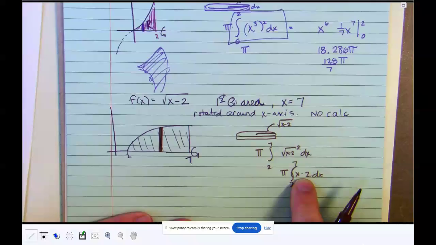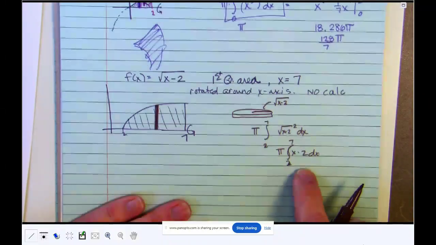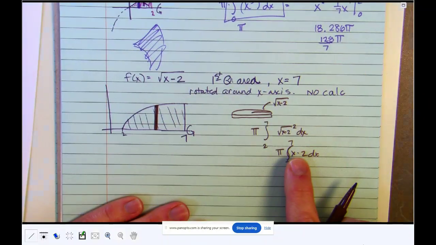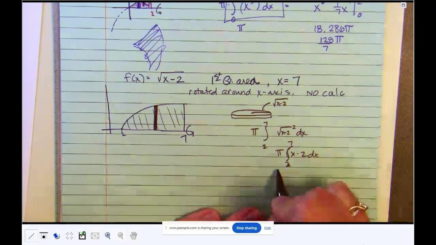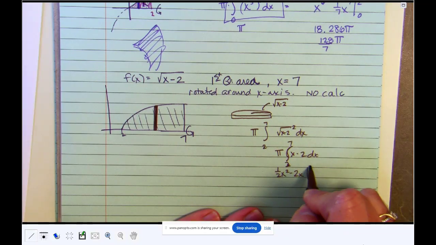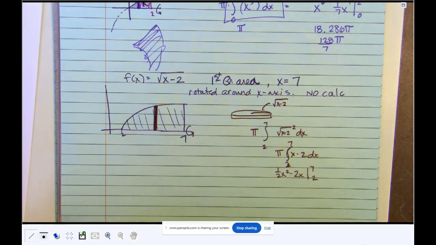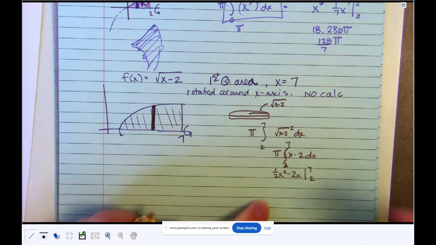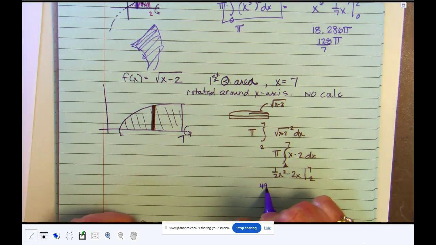So if we're not using our calculator, we do the fundamental theorem. So you have to do the integral. What is the integral of this? 1/2 x squared minus 2x. Okay, we got to plug in a 7 and plug in a 2. So 7 squared is 49, so this is 49 over 2 minus 14.